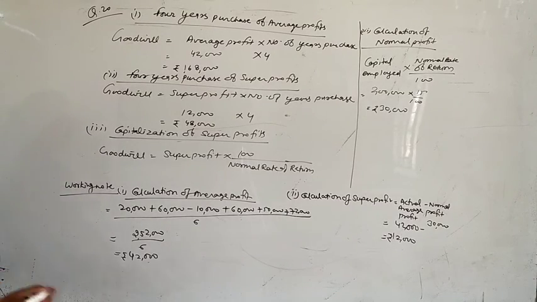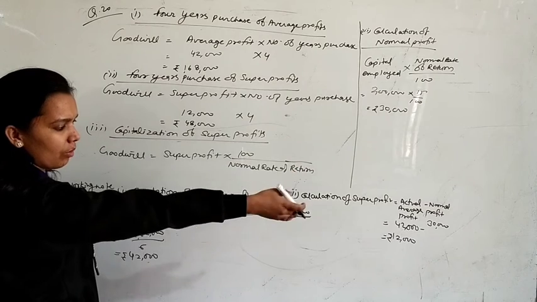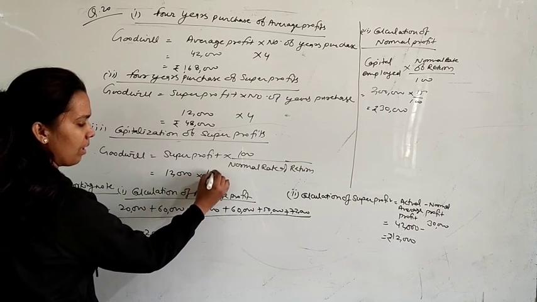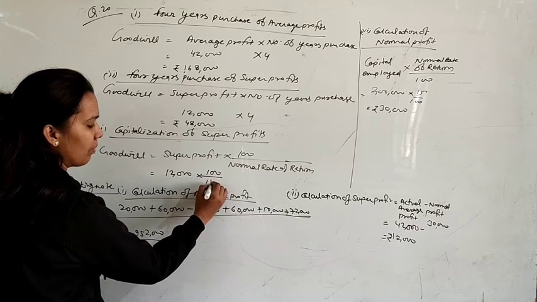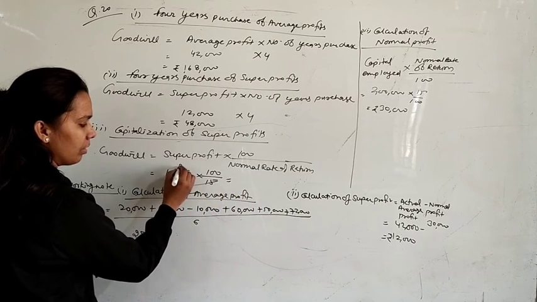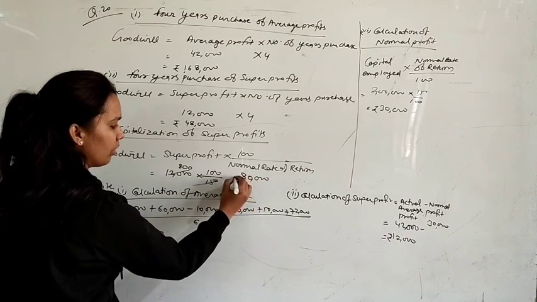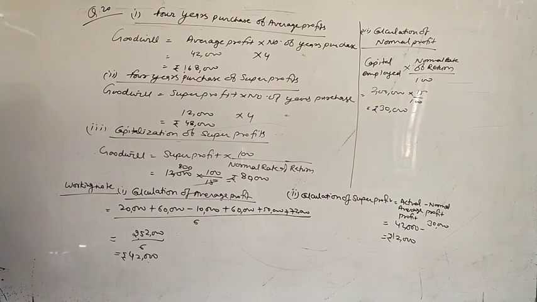Now in the third method, it is also super profit. Then we calculated this super profit 12,000. So 12,000 multiplied by 100 upon rate, that is 15%. So we will get an amount of 80,000 rupees according to third method. This is the question number 20. In this all the methods are included.